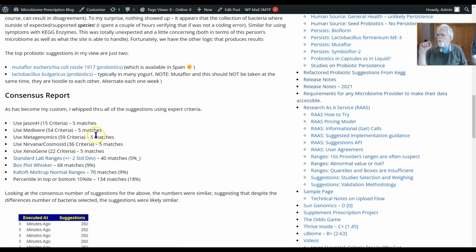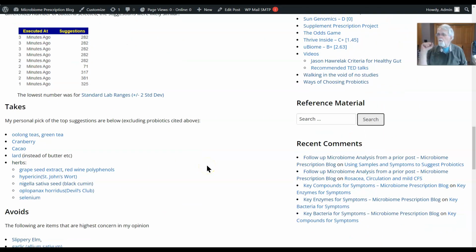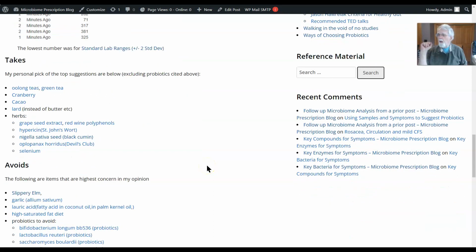Consensus report, I went through, and you can see the numbers there and the counts of things, going through all of his consensus items, the things that I picked as probably things that should be considered. There's a lot on the list, of course, hundreds of items usually: green tea and oolong tea, cranberry, cacao, lard.